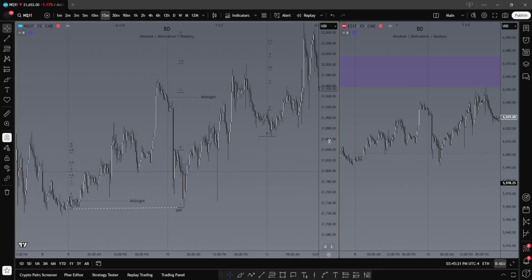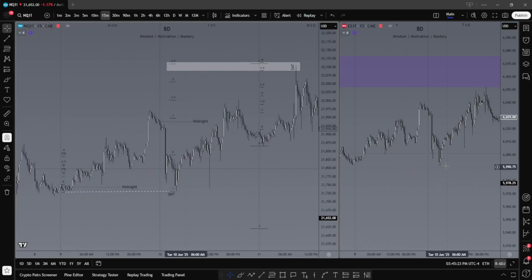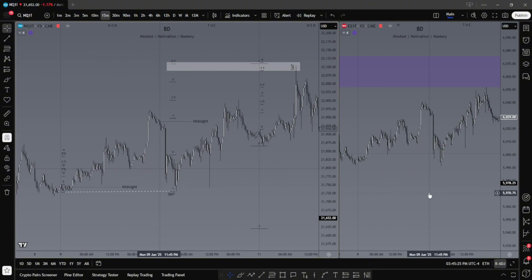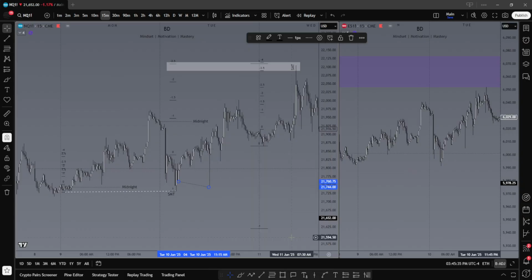All right. And where do they take it? Well, with our double SMT, we have a valid projection right back up, okay? And you can see that double SMT, the second SMT was right here. I don't have it marked at the moment, but this was the second SMT.